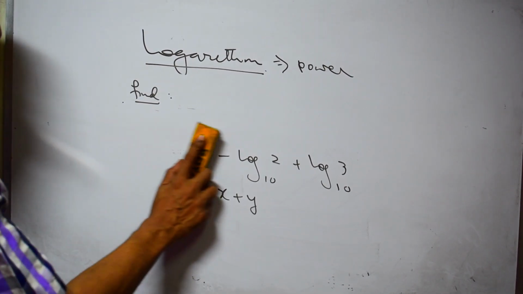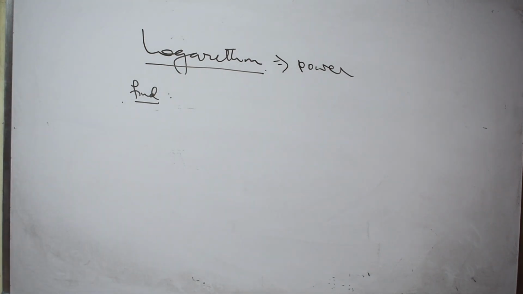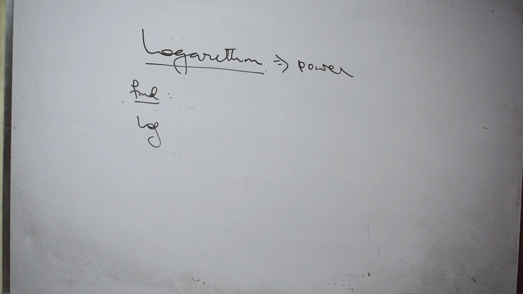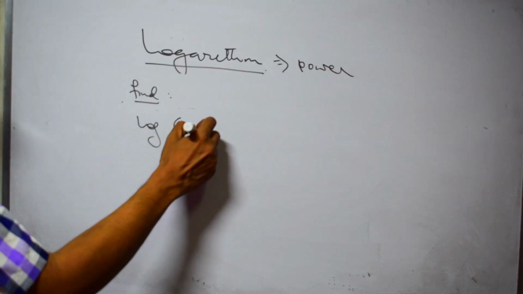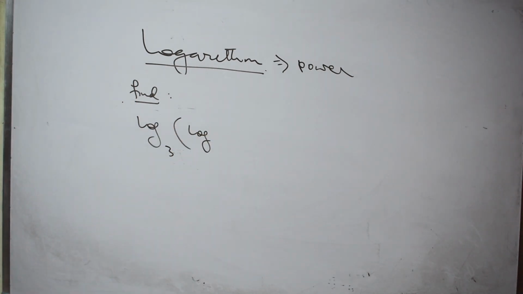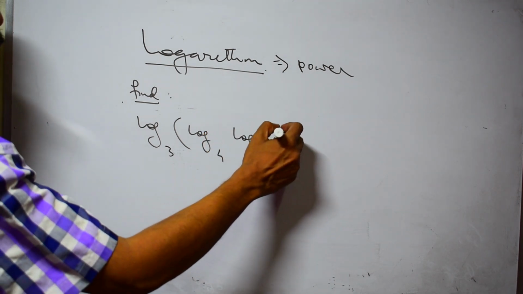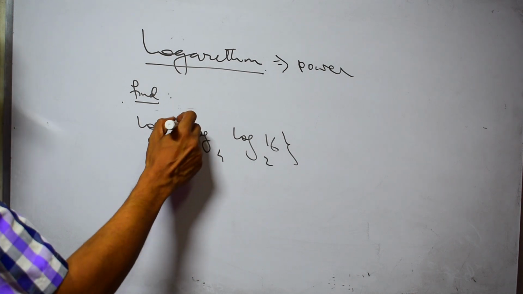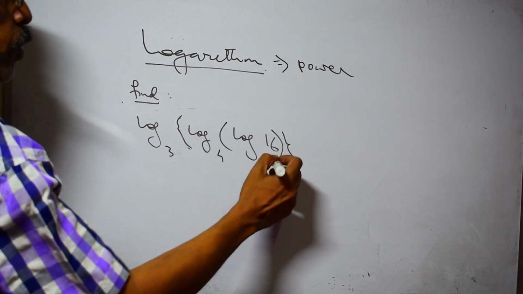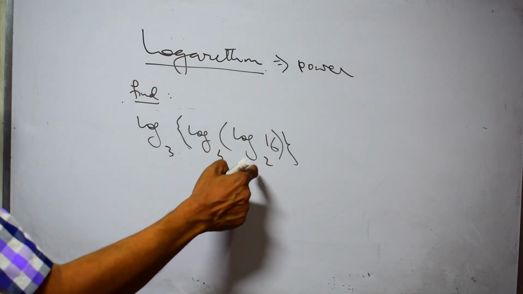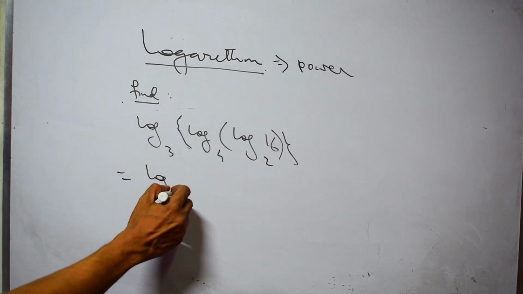Another problem we can have is: find log base 3 of log base 4 of log 16 base 2. This is the question. What we do is start from the inside part, that is log 16 base 2.